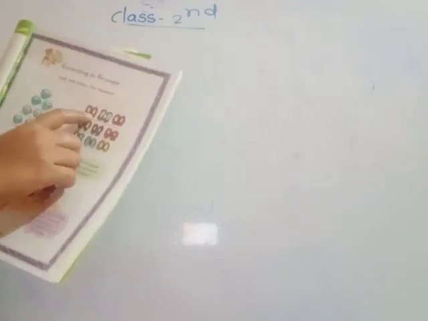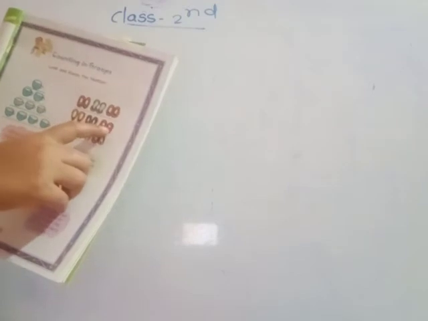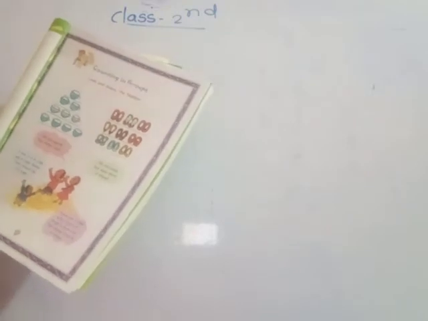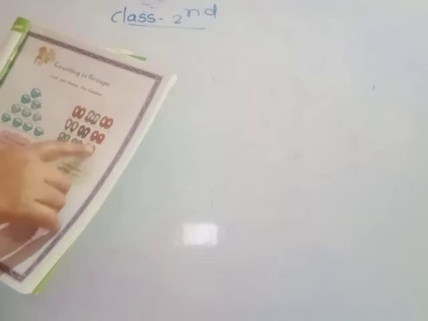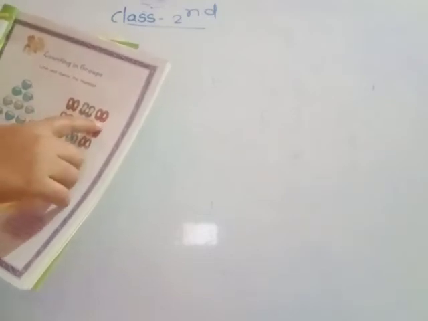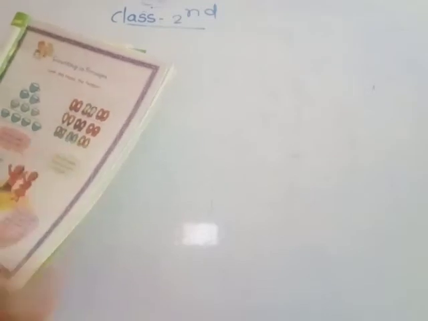See, this 1 pair, 2, 3, 4, 5, 6, 7, 8, 9. 9 pairs of shoes. Here 3 groups, and in one group 3 pairs of shoes. Then 3 3s are 9. So 9 pairs of shoes.